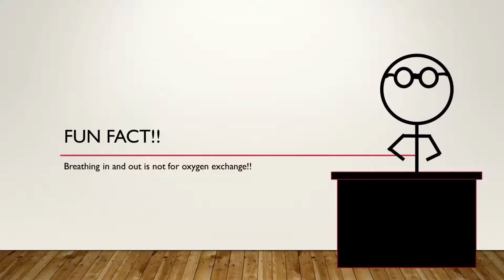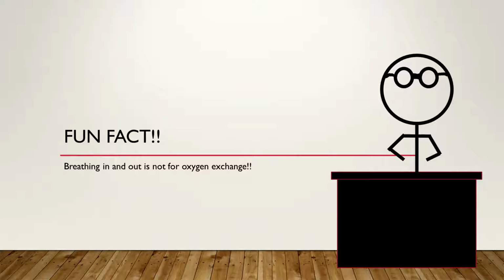Now here's a fun fact. Did you know that breathing, the act of actually moving your lungs in and out, is not necessary for oxygen exchange to occur? We know this because we do a test called an apnea test when somebody is brain dead, where we have them on a ventilator, we disconnect them from the ventilator, and just with the endotracheal tube attached to 100% oxygen flowing across it in a T-piece, we can see that the oxygen saturations never change even though the patient is not taking in breaths.